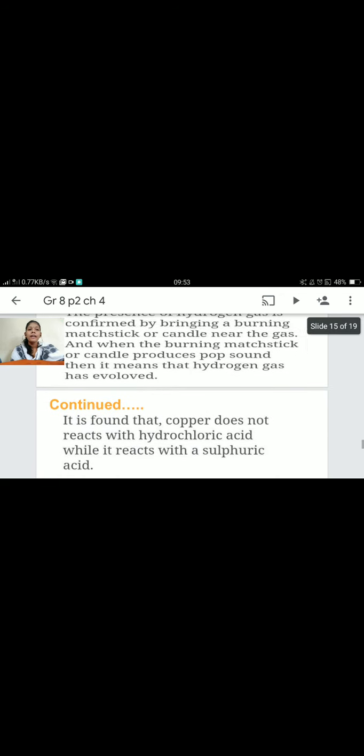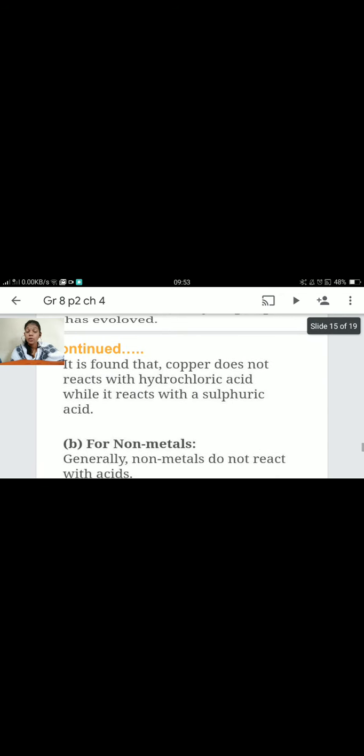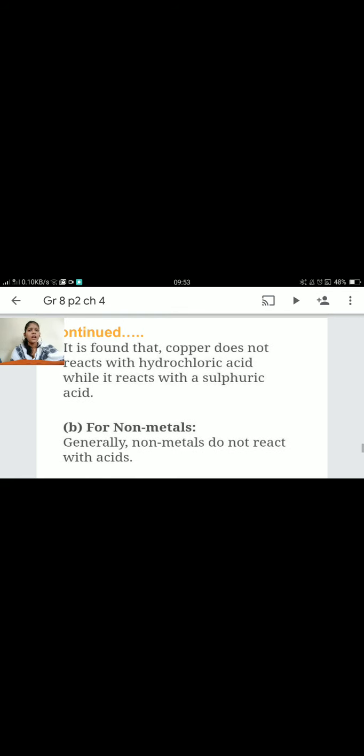Take the candle near the mouth of the test tube, and you can observe the pop sound. That means hydrogen gas is evolved in that particular reaction. And copper does not react with hydrochloric acid, but it reacts with sulfuric acid. And non-metals do not react with acids at all.